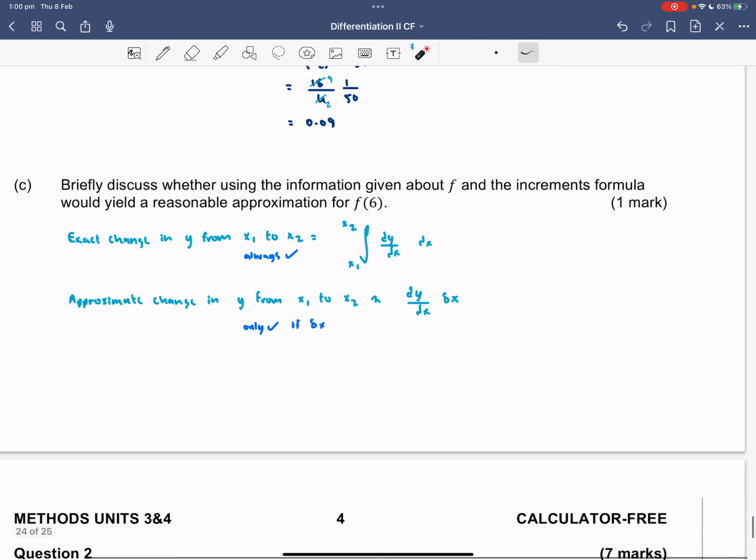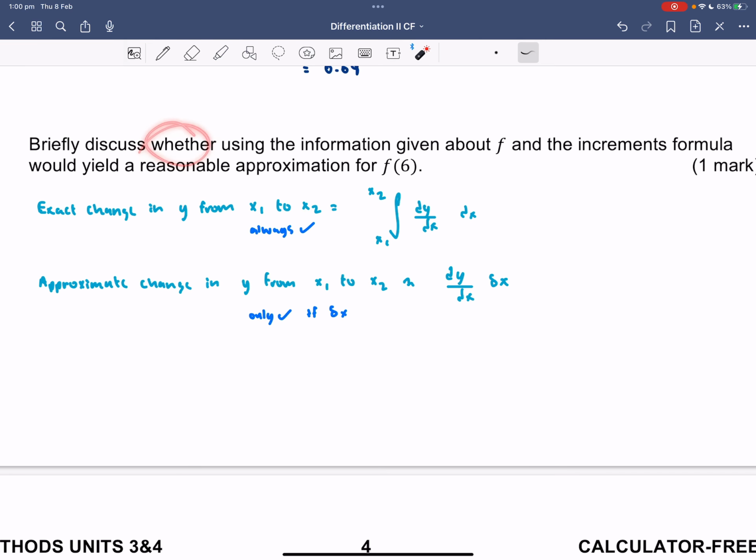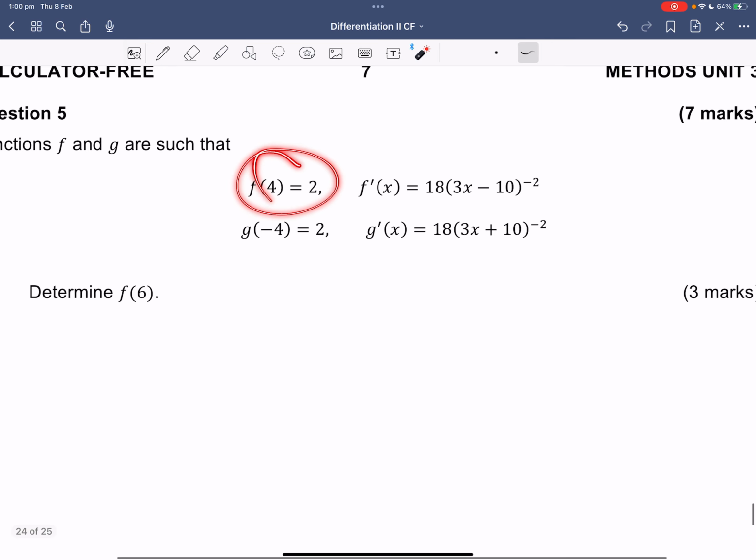Now it says briefly discuss whether, using the information given about f, we would be able to yield a reasonable approximation of f of 6. What do we currently have? We have f of 4.